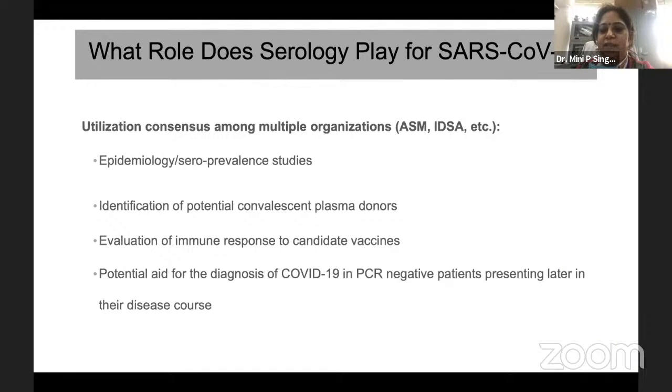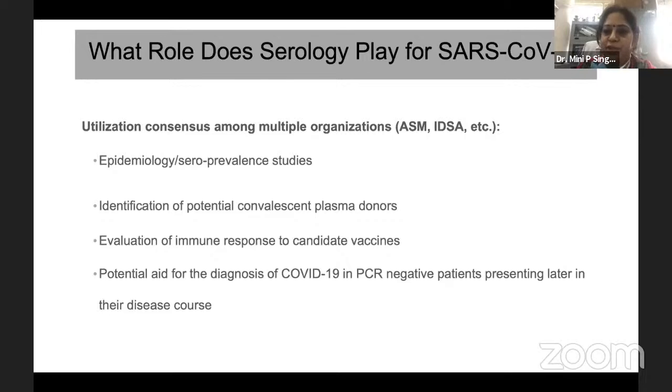Now all of us have heard of plasma therapy. It is important to identify plasma donors, because it is only the COVID recovered patients who have high antibody titers who would be potential plasma donors. And now the world is racing for the development of COVID vaccines. So how do you identify the immune response?